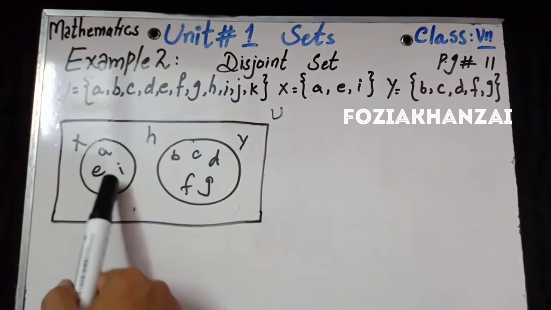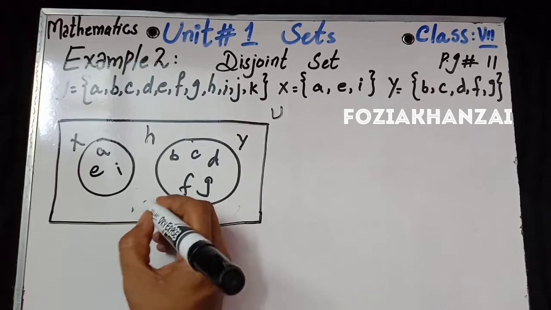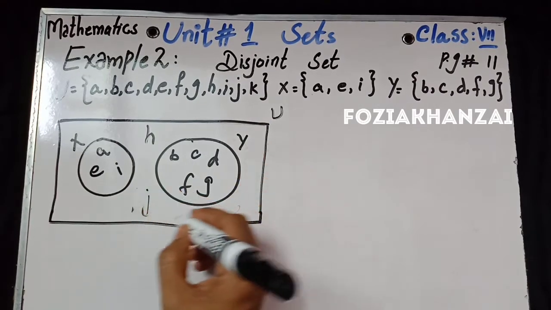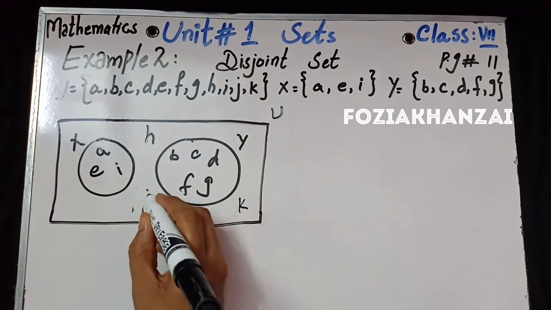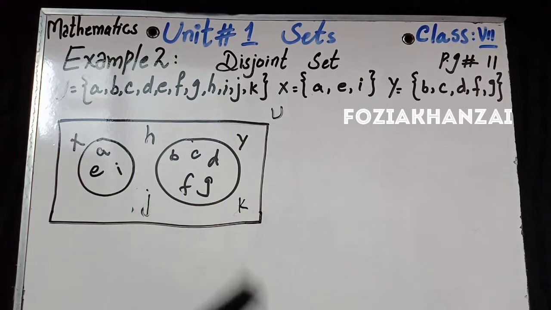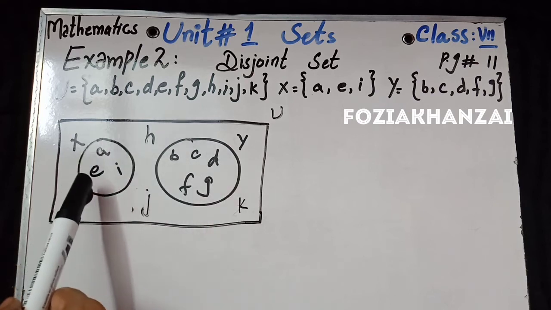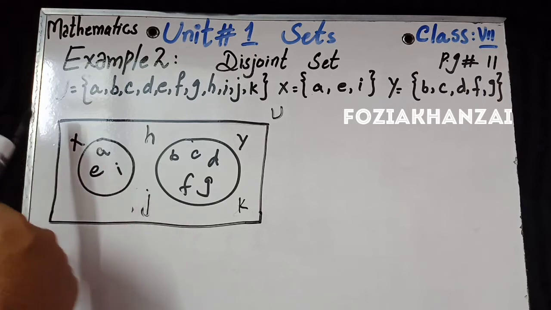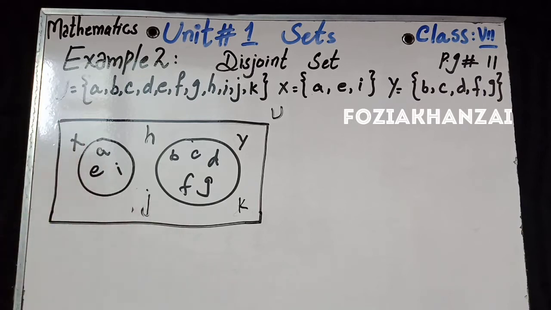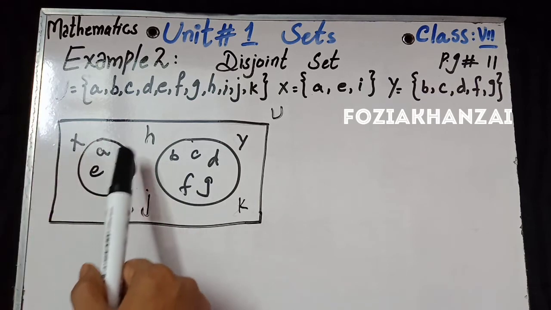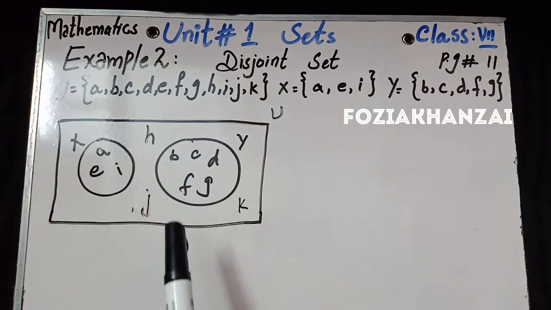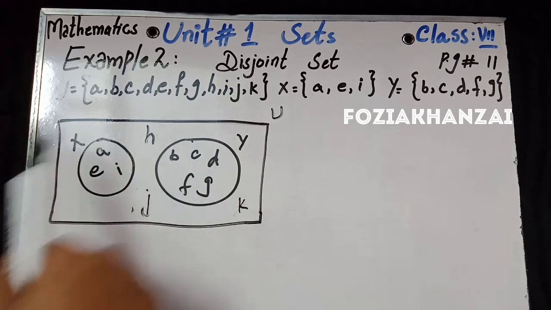I is given, J and K. Except elements of X and Y, the remaining elements of set U we write in the rectangle box. So the remaining elements in set U are H, J and K. Clear Venn diagram?